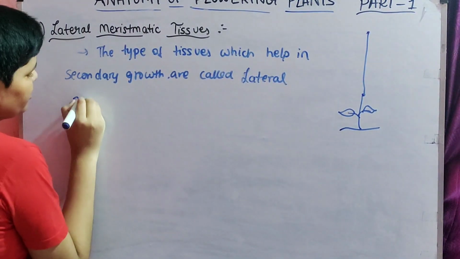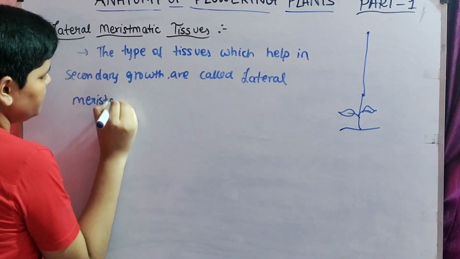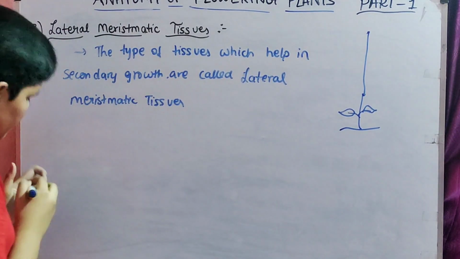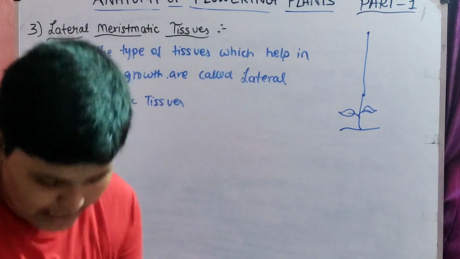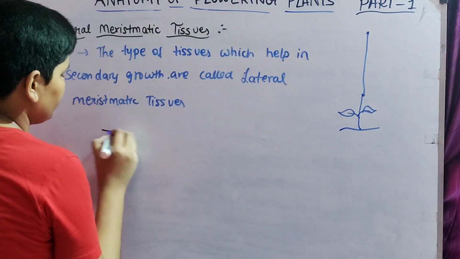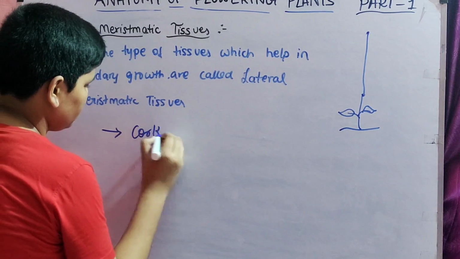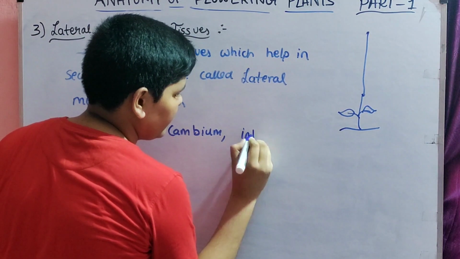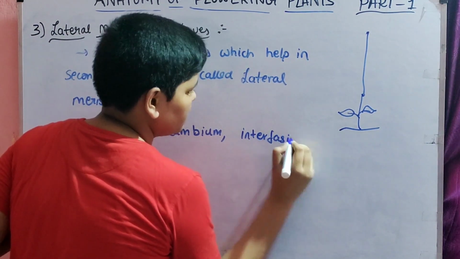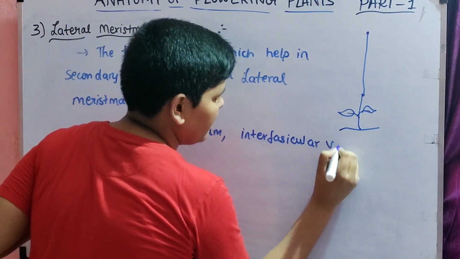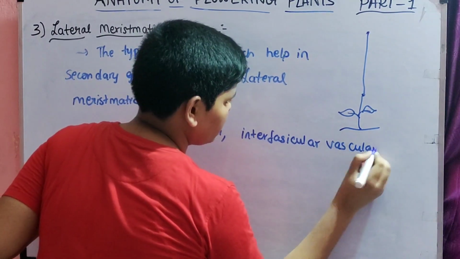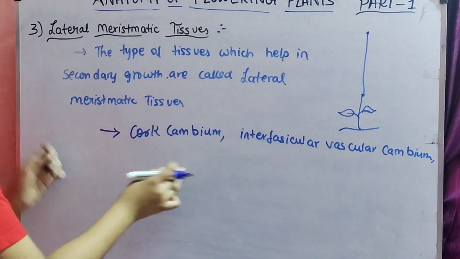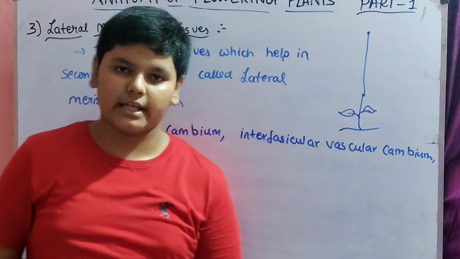Now here we will have examples of cambium: cork cambium, interfascicular vascular cambium, and vascular cambium.